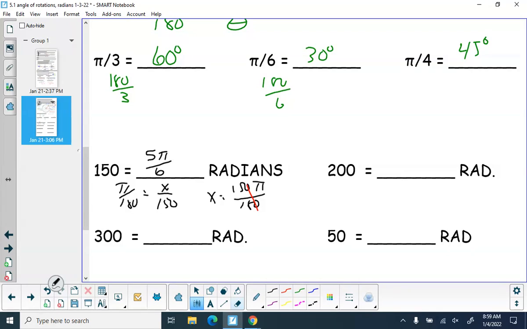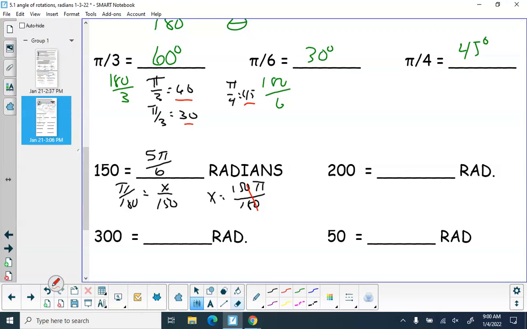If you want to advance yourself into your mathematic mental world, and this is typically what I do, I look at which one of these I can multiply by a value to get my angle, 150 degrees.